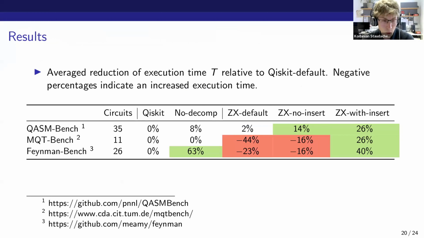So we ran a couple of circuits from different benchmarks through our synthesis algorithm, where we first used different synthesis algorithms and then used this global decomposition strategy with the transversal decomposition. And here we had 5 different approaches. So first was the Qiskit native decomposition of a circuit into controlled Zs and U3 gates.